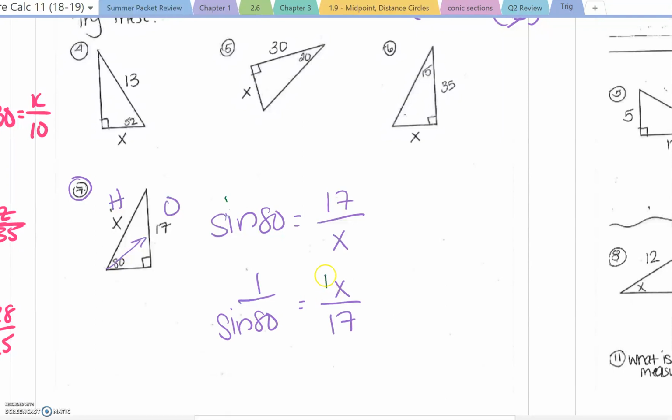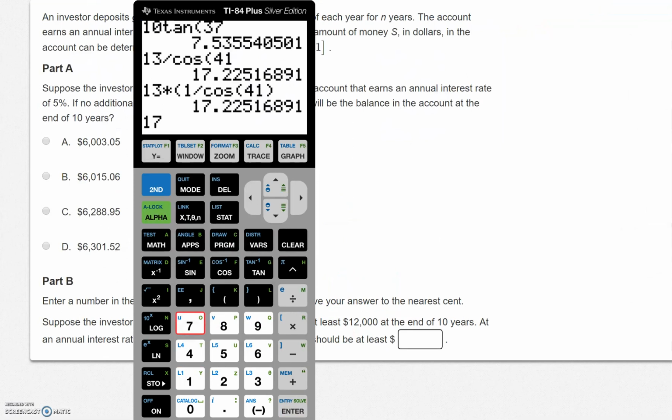And then I'm going to solve for x by multiplying by 17 and multiplying by 17. Make sure you keep this whole thing in the parentheses. So 17 times 1 over sine 80 is 17.26.